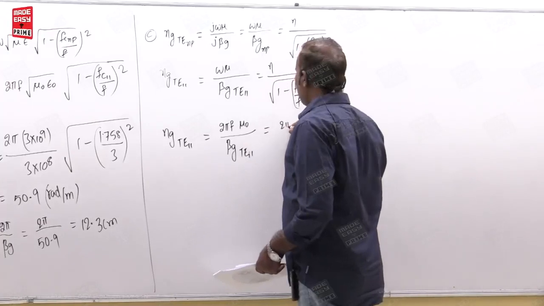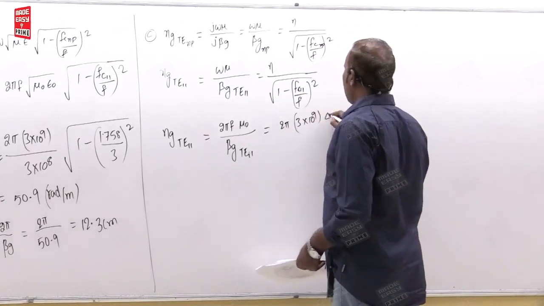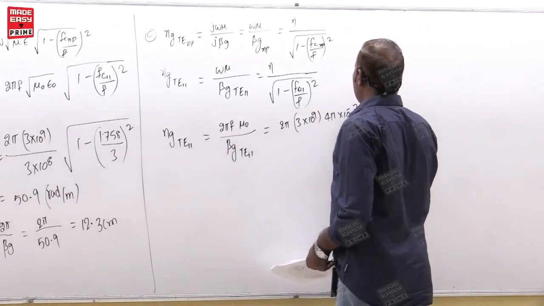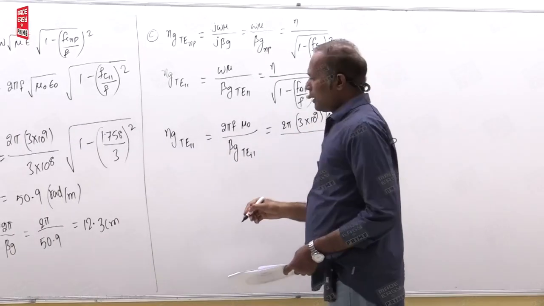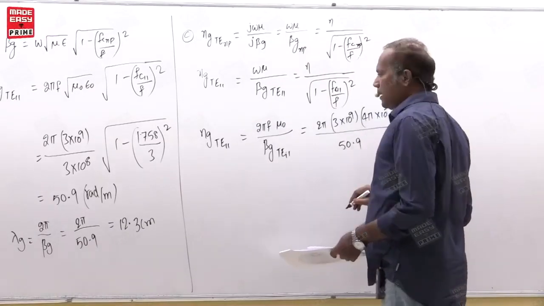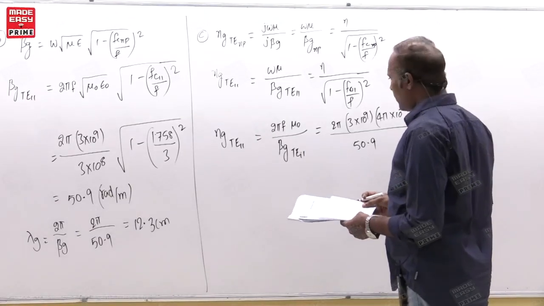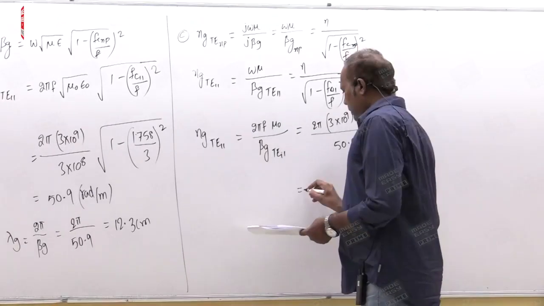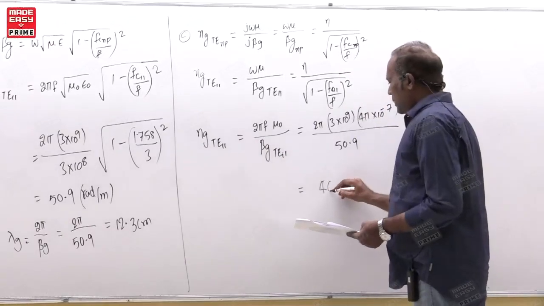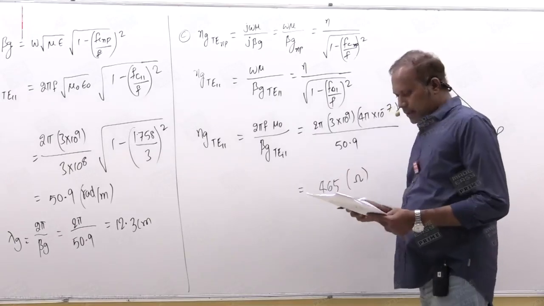So that is 2 into pi into f, where f is 3 gigahertz given. Mu naught is 4 pi into 10 to the power minus 7 because it is filled with air medium. Beta g is 50.9 radian per meter. This is equal to 465 ohm. This is the answer, right?